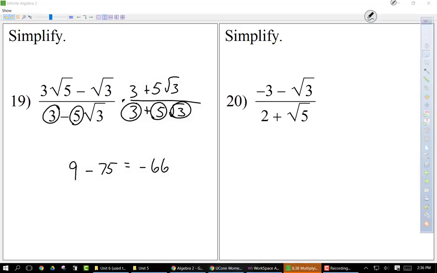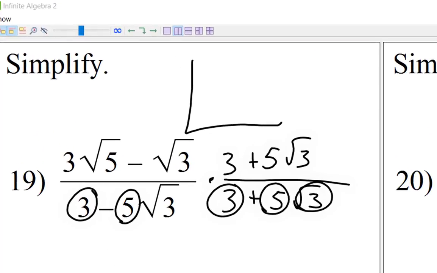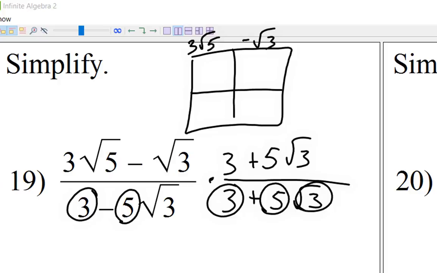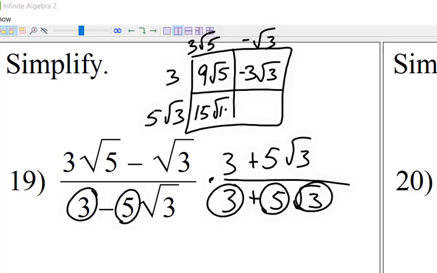I'll do the shortcut on 20 as well. There isn't a shortcut on the top because they're not the exact same, just the plus or minus difference. They're different, right? So let's do a box. So we get 3 root 5, negative root 3, 3, and then 5 root 3. This is 9 root 5, negative 3 root 3, 15 root 15, and negative 5 times 3, which is negative 15.